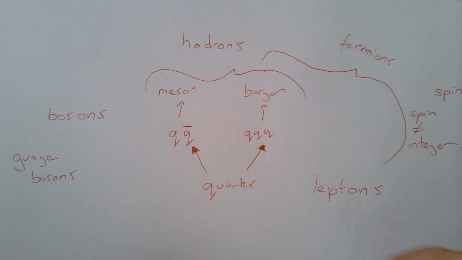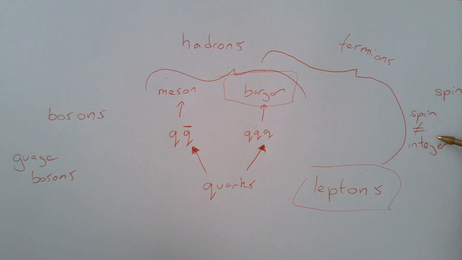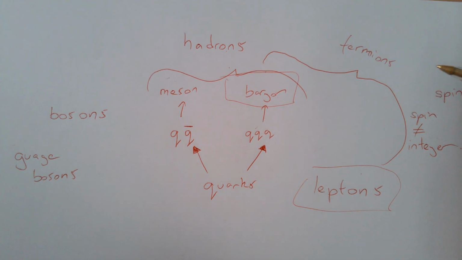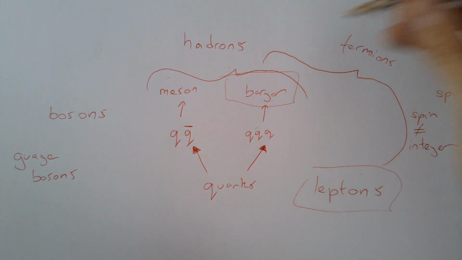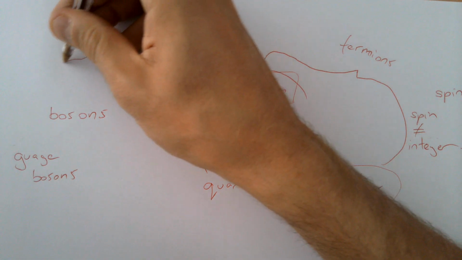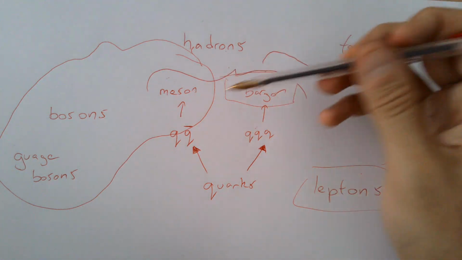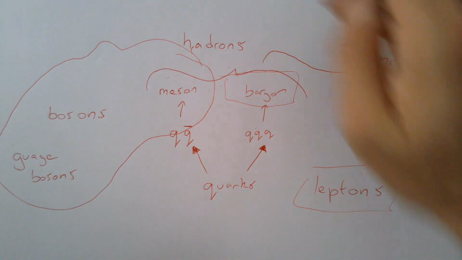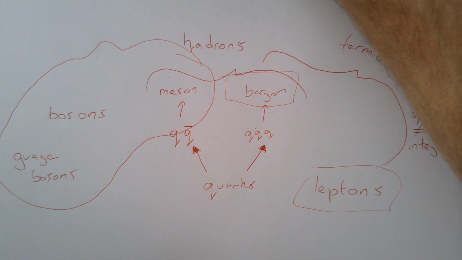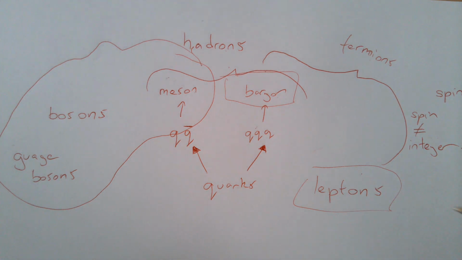If the addition of these spins that make up these particles, whether it's on their own like a lepton, or 3 added together making up a baryon, do not equal a whole number, we can refer to it as a fermion. Any that does equal a whole number, we can refer to as a boson. So in actuality, a meson is a boson because it has a spin value that is a whole number, that is an integer. It has a spin of 1.